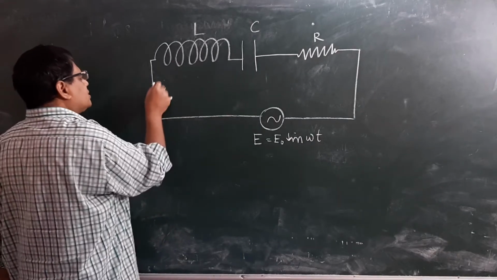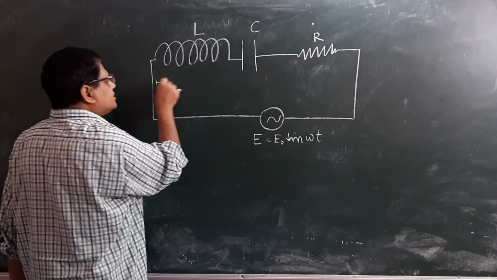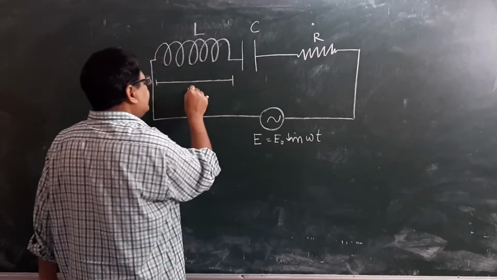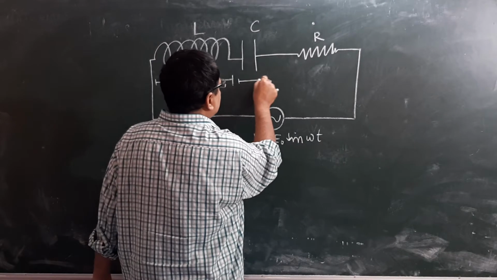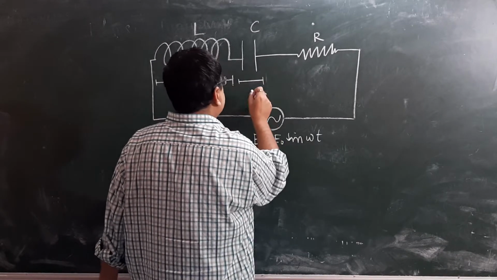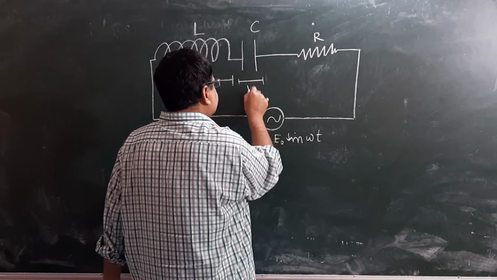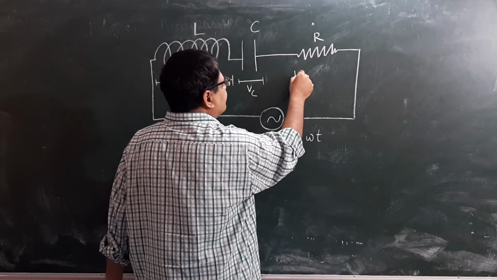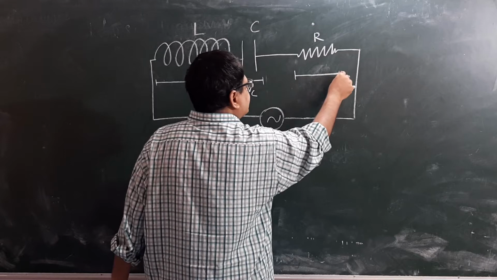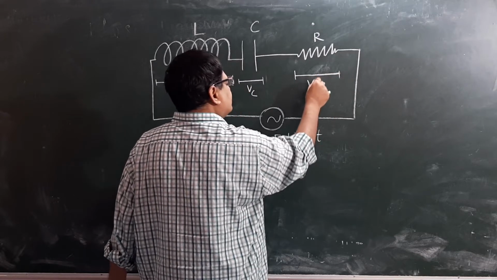Suppose the potential difference across the inductor is VL at an instant. At the same instant, the potential difference across the plates of the capacitor is VC, and the potential difference across the resistor is VR.